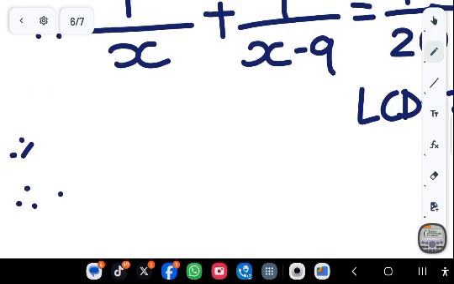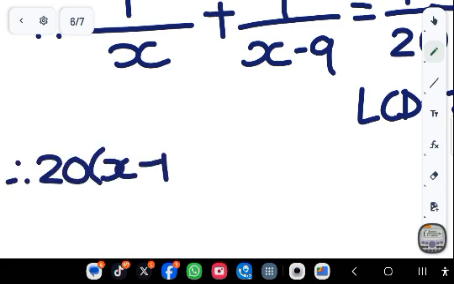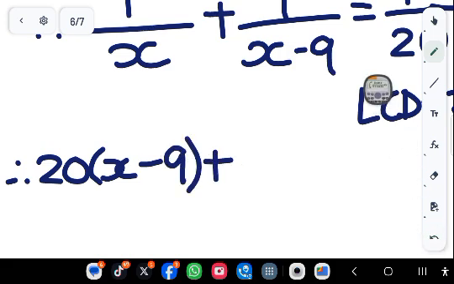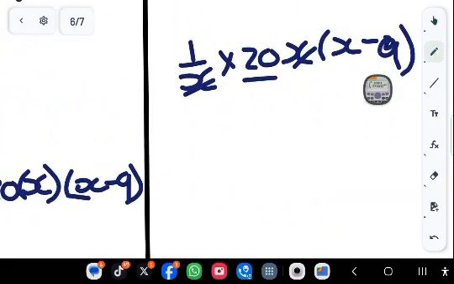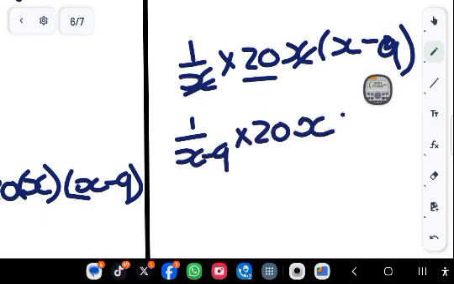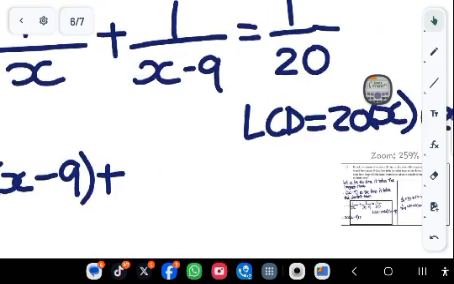Therefore, 20 times x minus 9, plus, on this one, 1 over x minus 9 times the LCD, the x minus 9's cancel out, and that leaves us with 20x.